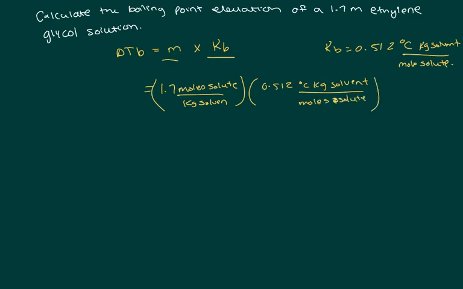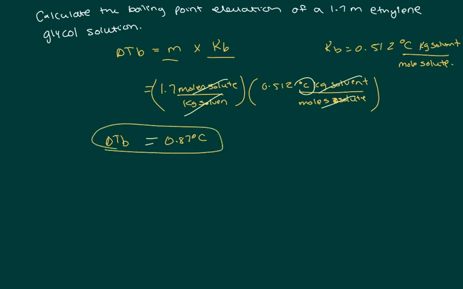And you see how these cancel, and I'm left with degrees Celsius. And so I get a value of 0.87 degrees Celsius, but that's just the delta T of B.